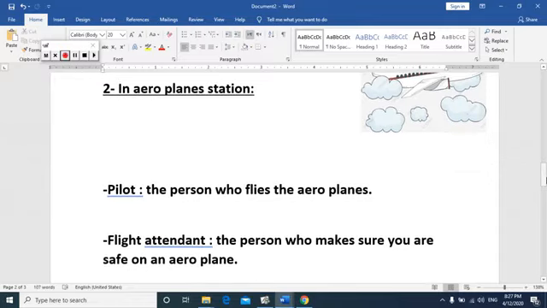Flight attendant, the person who makes sure you are safe on an aeroplane.